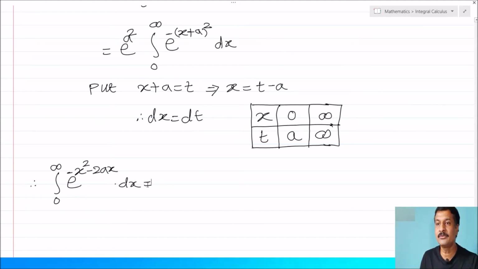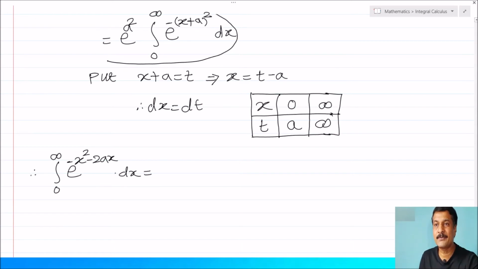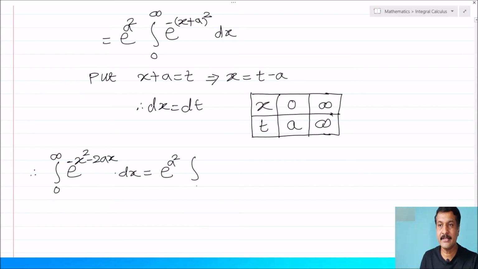that is equal to, now using substitution here I am getting e raised to a square, integration now a to infinity e raised to minus (x plus a) whole square, so that is equal to t now, so minus t square into dx, that is nothing but dt.